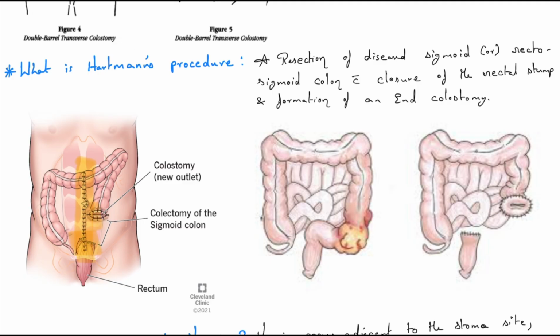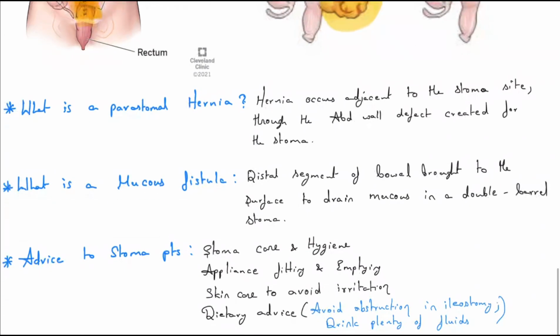They will stump here and stump here, and they will create an artificial colostomy, a new outlet. The rectum will be closed. If any patient has rectal cancer, then only they are going to do the Hartmann procedure. After the Hartmann procedure, they are going to do an end colostomy.